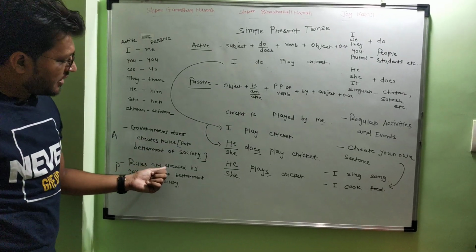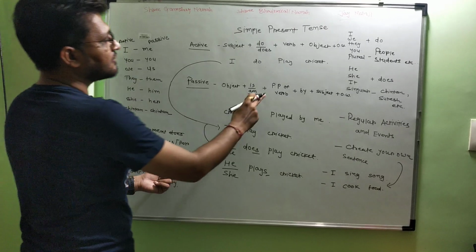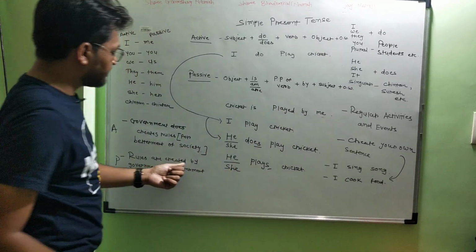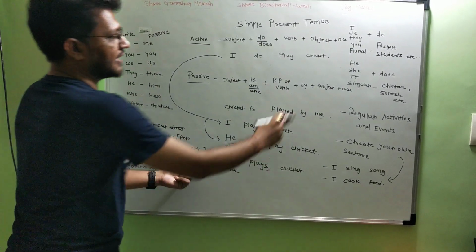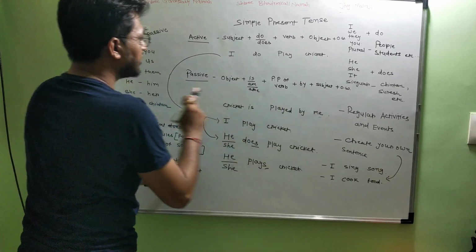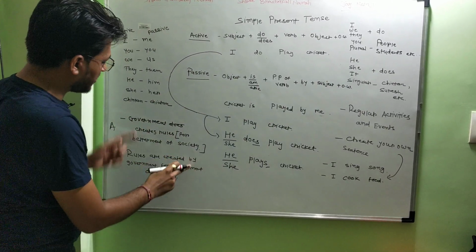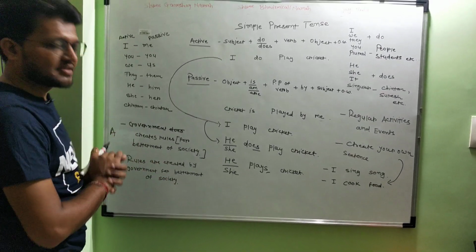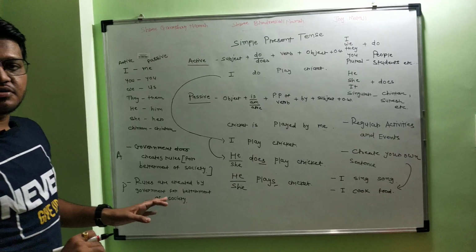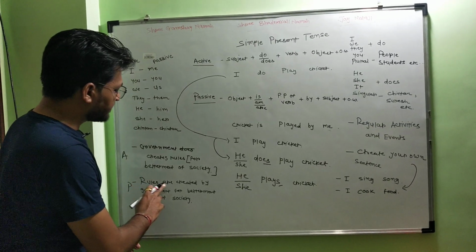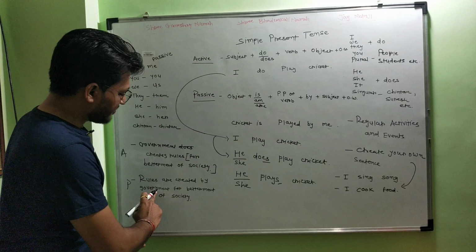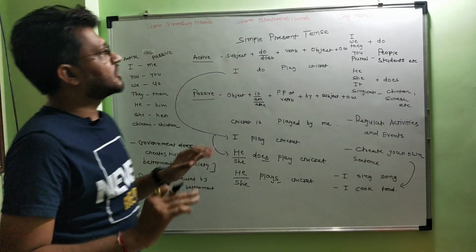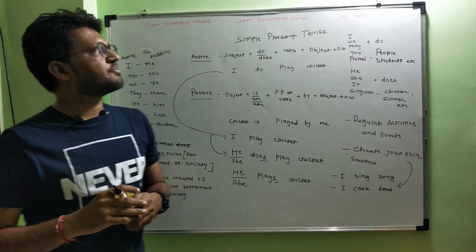Rules are created. Why created? Because after are we need to place the past participle of the verb, plus by, as per the structure. Plus we need to transfer the subject over here. So government will be moved over here and the rest of the words will remain as they are. So the passive structure will become: Rules are created by government for the betterment of society. So this is the explanation for simple present tense.